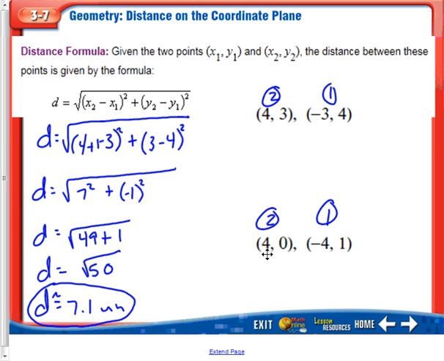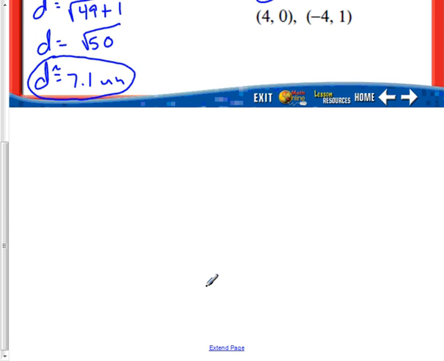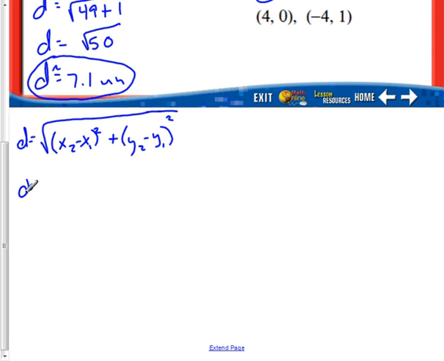Okay, and then the next example we would do here is points 1 and 2 right here. So again, we can use the distance formula for that. We're going to take the square root of x2 minus x1 squared plus y2 minus y1 squared, and all that equals our distance. So we'll go ahead and substitute here.